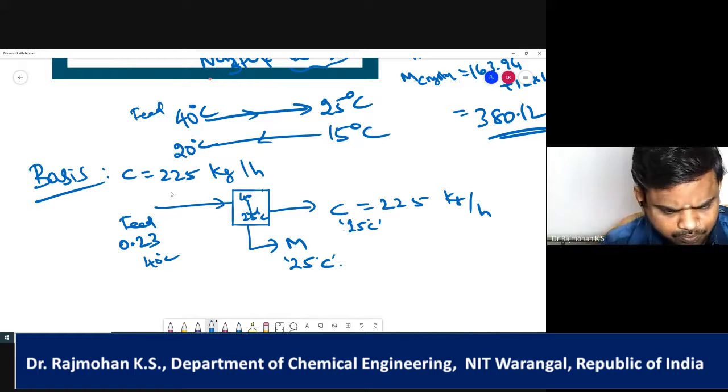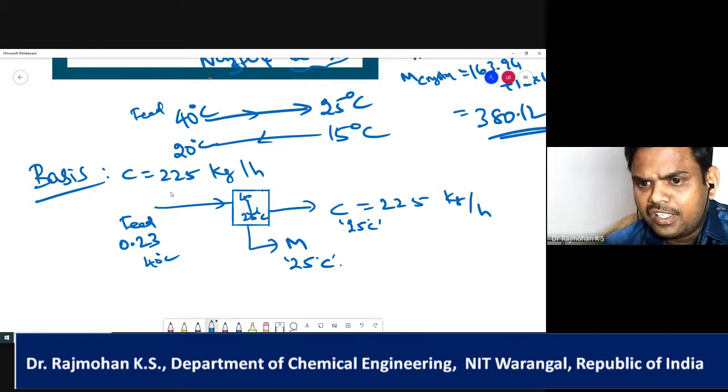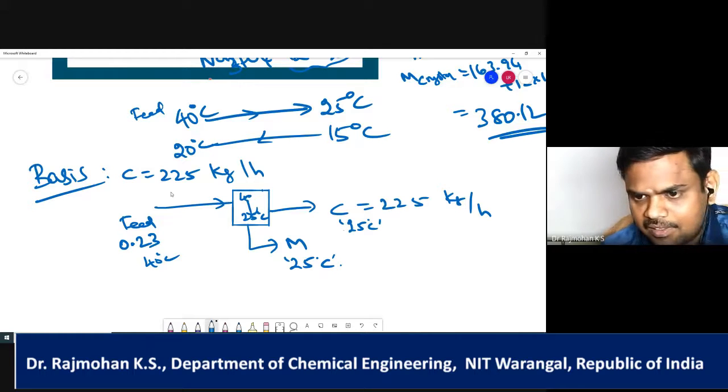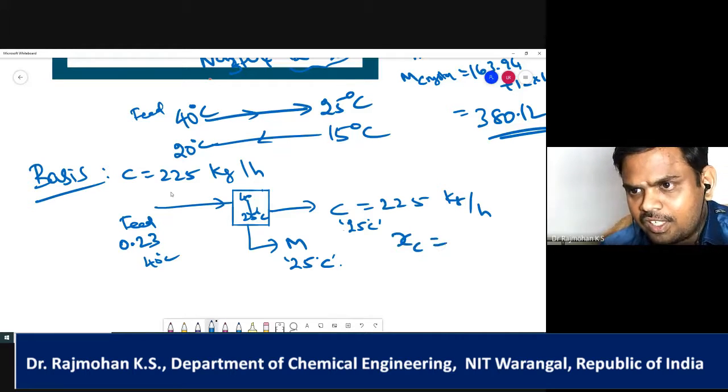Now we can determine the Xc value and Xm value. Xc value is equal to molecular weight of the solute by molecular weight of the crystal.